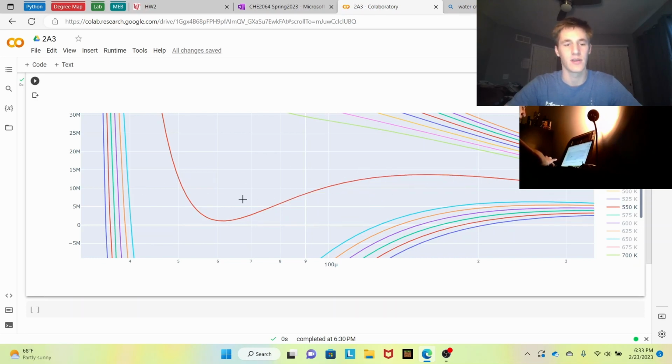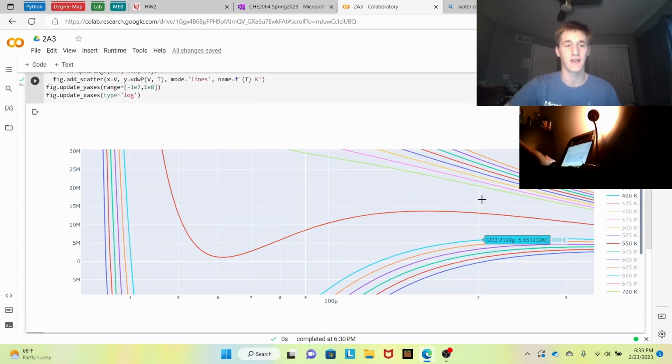At that pressure, that will be our vapor pressure at the given temperature. And this first curve here will give the volume of the liquid at that temperature. And this last part here, this third intersection, will give the volume of the vapor at the given temperature. And that's something we will do in a future video. But for now, this is it.